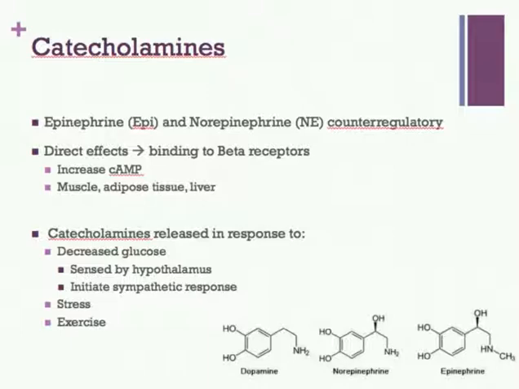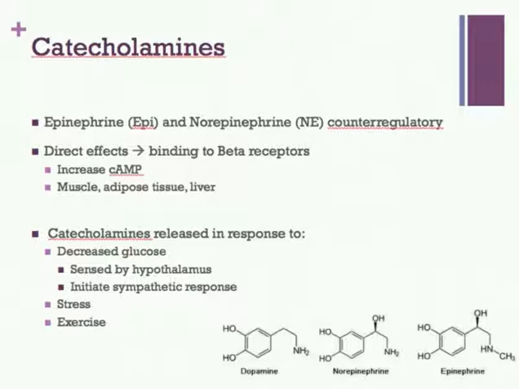Catecholamines are released any time the body enters a state of homeostatic stress. So anything that's set by the hypothalamus, so caloric expenditure, exercise, temperature abnormalities, any of those things that we consider homeostatic, or in times of psychological stress as well, so that we have a sympathetic response.